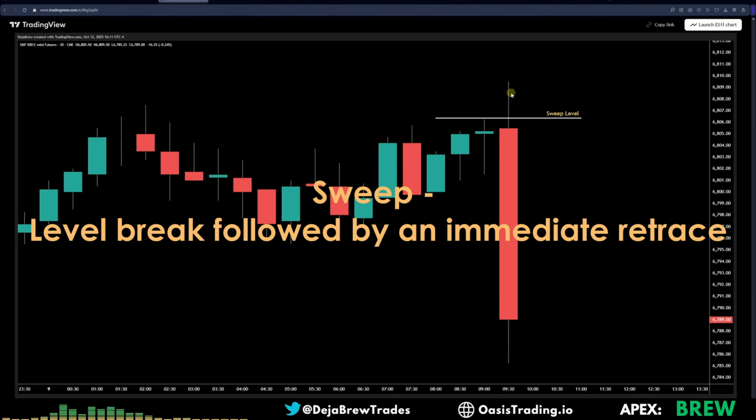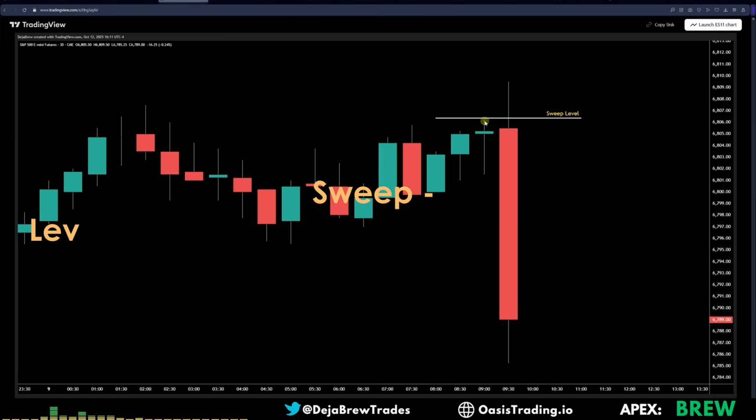It can be any kind of level that you like: high of day, low of day, value high, value low. It could be the prior bar high, the prior bar low. You're breaking that level, but then you are retracing to the other side of that level. So in this case here, we are breaking that prior bar high, but we are sweeping back to the downside.